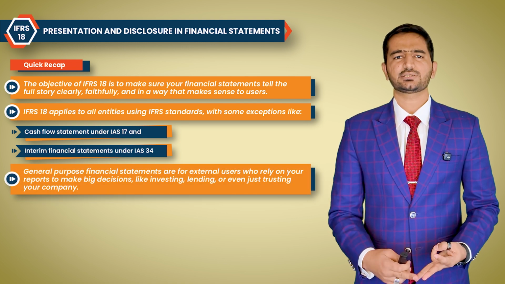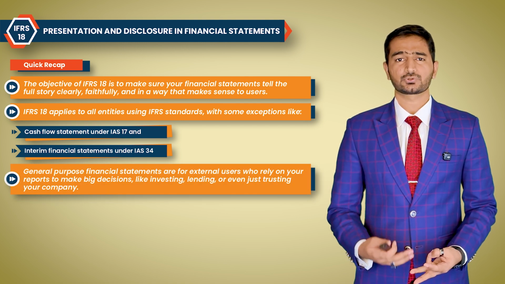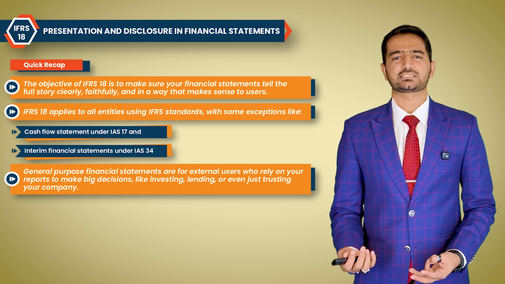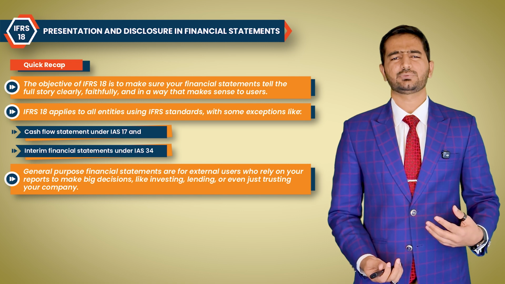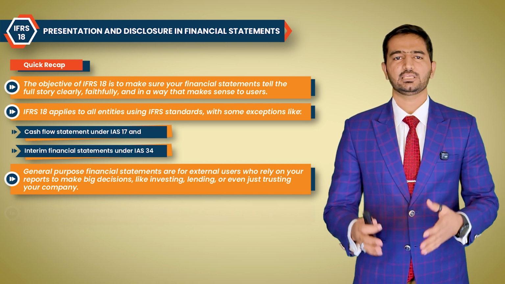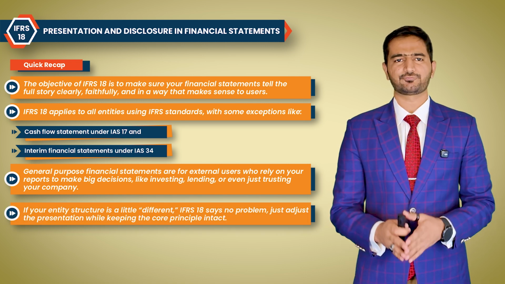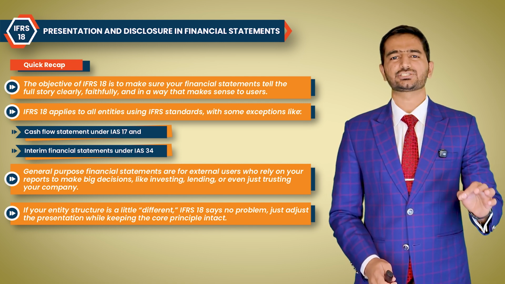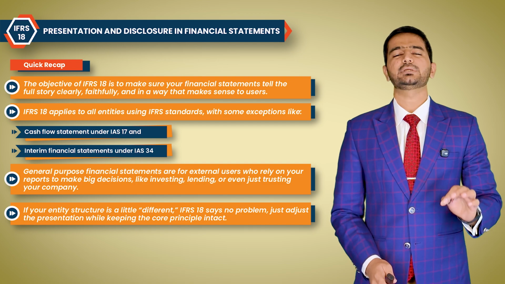General purpose financial statements are for external users who rely on your report to make big decisions like investing, lending, or just even trusting the company. If your entity structure is a little different, IFRS 18 says no problem. Just adjust the presentation while keeping the core principle intact.